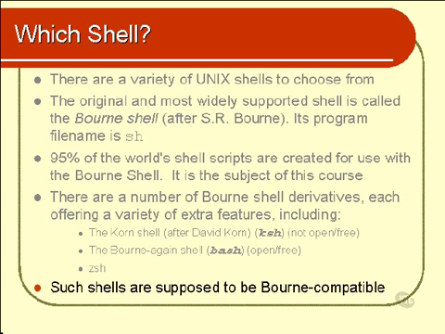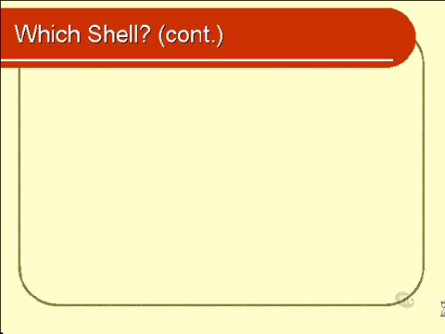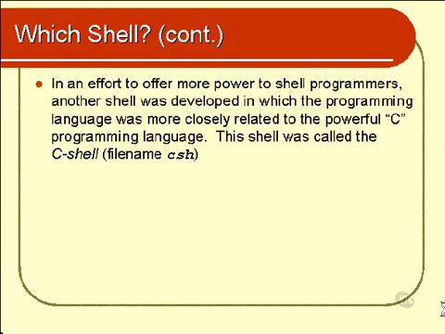However, not all shells are Bourne compatible. In fact, there's a whole family of shells that are not. Specifically, the C shell. There's another little bit of Unix wit there for you. You may or may not have heard of a very powerful programming language called C. There was a movement at one stage among early C programmers who worked in Unix that they wanted to have a shell that would offer a programming language that was perhaps more powerful, or at least more similar to their favorite C language.